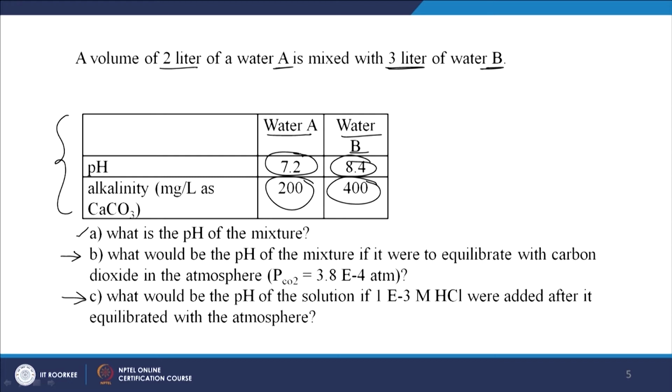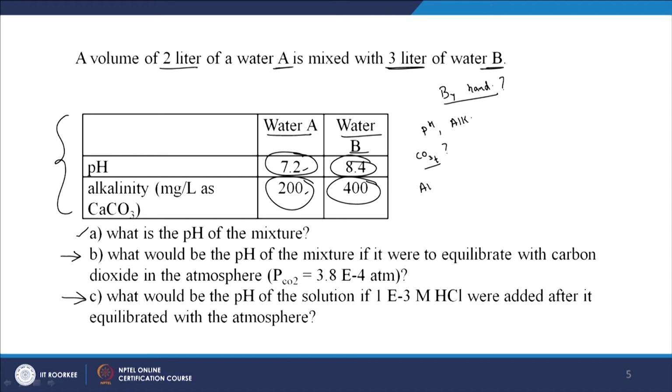So we have pH 7.2 and 200, this is for solution 1, and 8.4 and 400. We are going to try to solve this by hand. How do I solve this by hand, as we just looked at earlier? I have the pH and I have the alkalinity. I believe we tried to solve this by calculating the CO3 total, and how do I solve that?